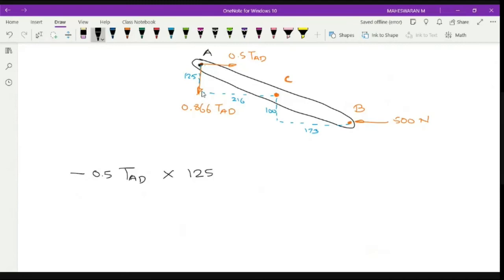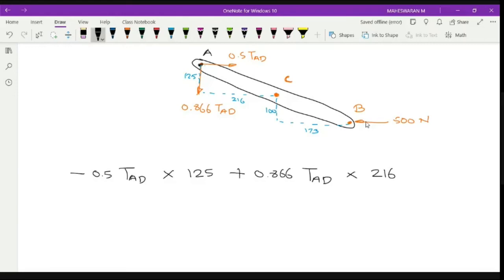Next, this one is rotating in the anti-clockwise direction, positive. So plus 0.866 TAD, the vertical force, into the distance, which should be the horizontal distance, 260. Next, the 500 force.